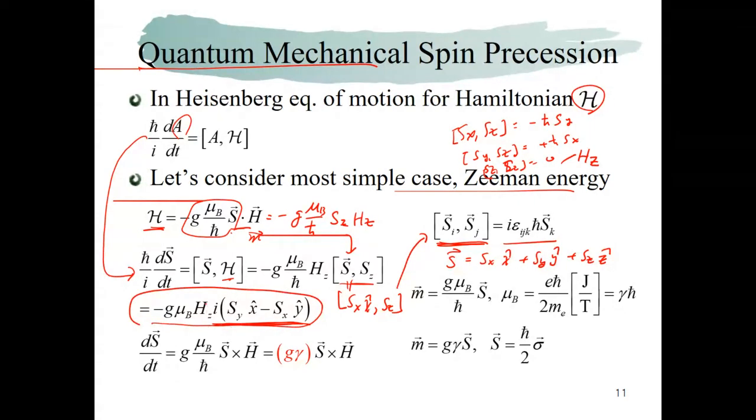And this term, if you put H_z back to here, is nothing else but the cross product between the H field and the S vector.